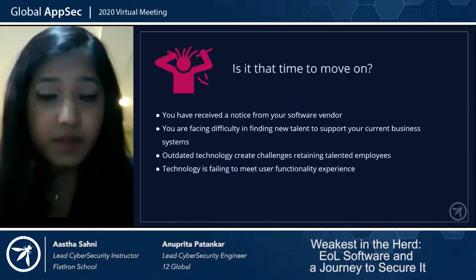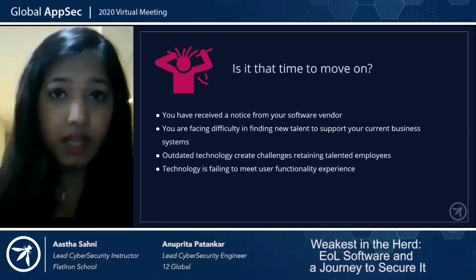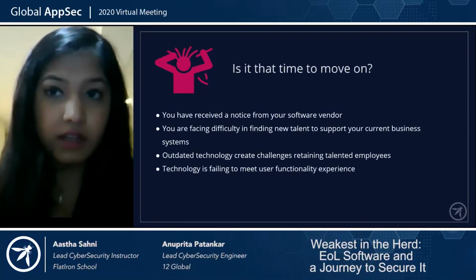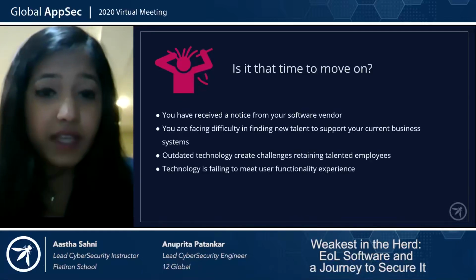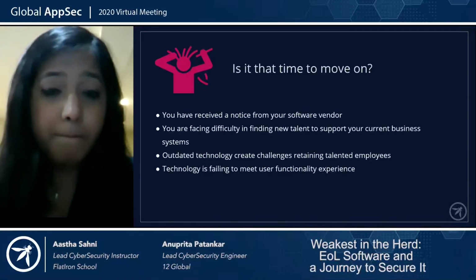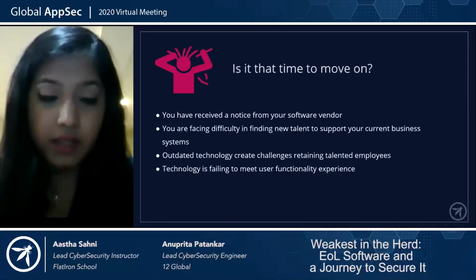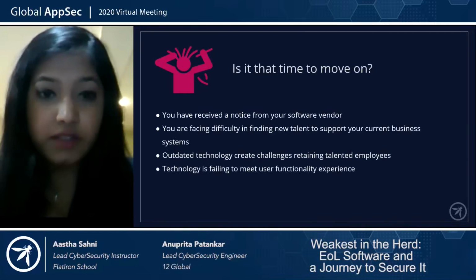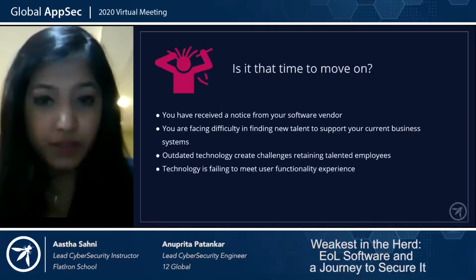So it is always a risk in keeping out-of-date systems running in the environment, as it's just a matter of understanding what the risk is for the longer term. If you decide to stay with the end-of-life system, you are just thinking about the short-term goals of not having to decide what the workforce or what the budgetary issues are.